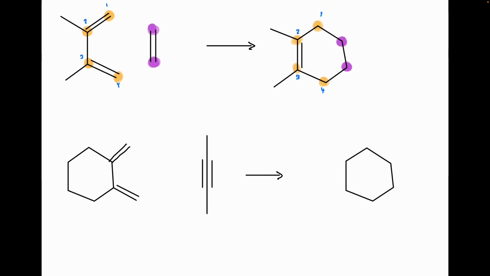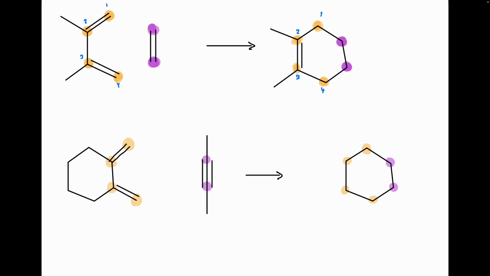Okay, just by analogy of what we did above. The 4 carbons about that conjugated diene are going to make up 4 carbons from my ring. The other 2 carbons in my new ring are going to be the ones that were about that triple bond.